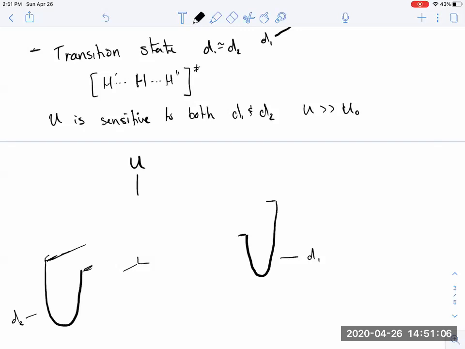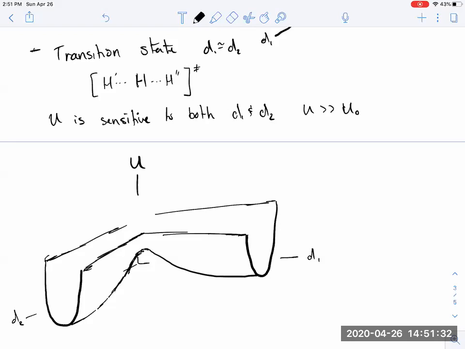Now this has to be some continuous function. So first we'll imagine that energy increases. It is symmetric, both of those states are the same, deep into the product state or deep into the reactant state. So maybe that surface looks something like this.